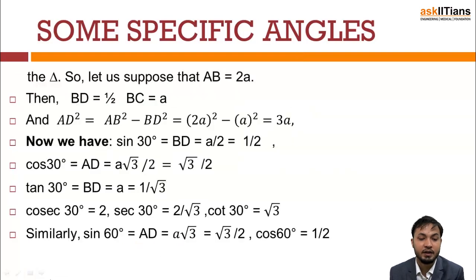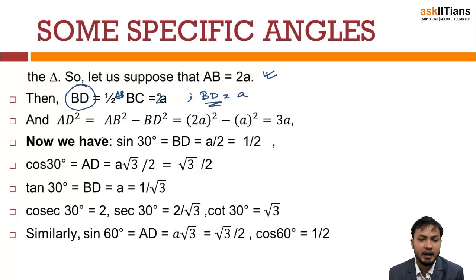So how do we define this? Let's say I had my AB as 2A. Therefore my BD will be equal to A, that is half of BC. If my BC were 2A, then my BD will be equal to A, right?